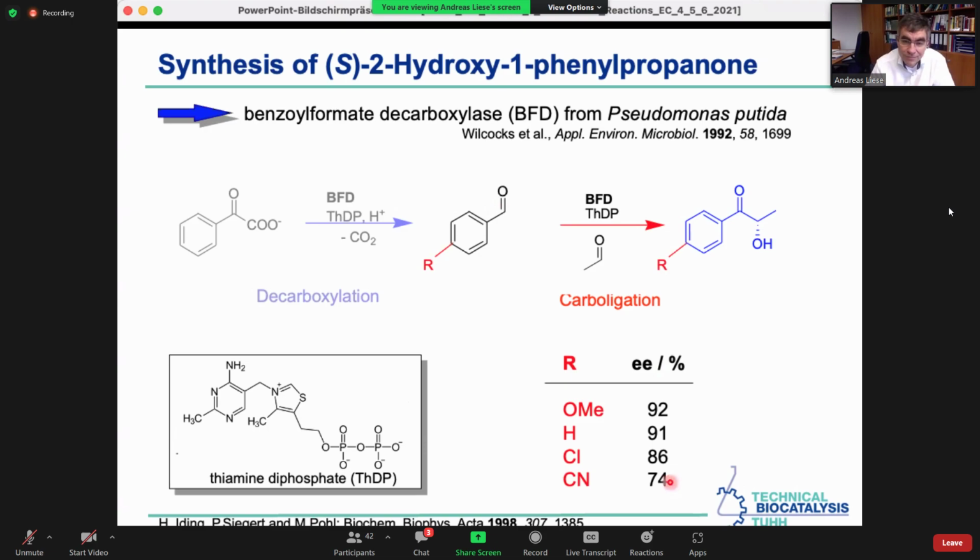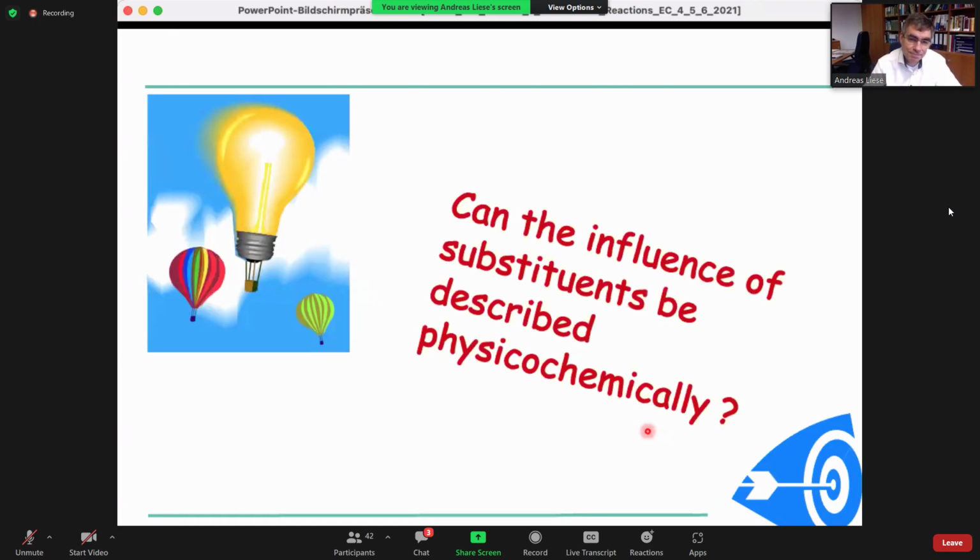Nitrile even really bad. It doesn't seem to have really something to do with size, because methoxy is pretty big in comparison to just a proton, and you see it's almost the same EE in contrast to the other. So there must be a reason why this might be the case.